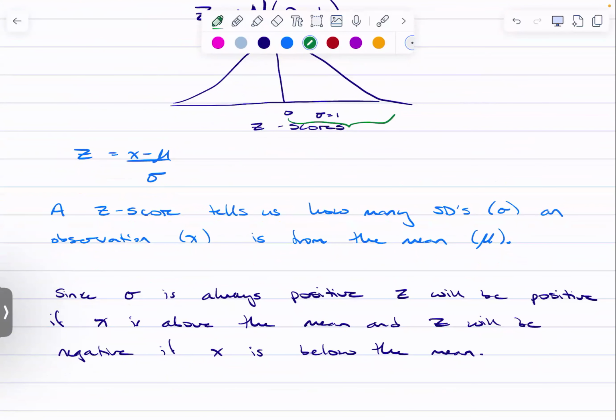Because if it's centered on 0, then I have positive values up here, and I can just as likely have negative values down here. So the positive and the negative in the Z score also communicates not just how many standard deviations away from the mean you are, but whether it's above or below.